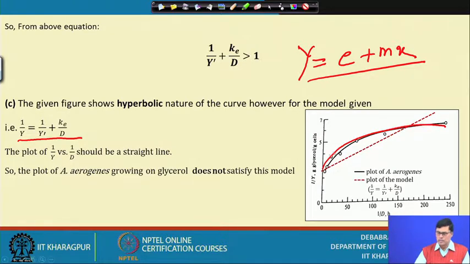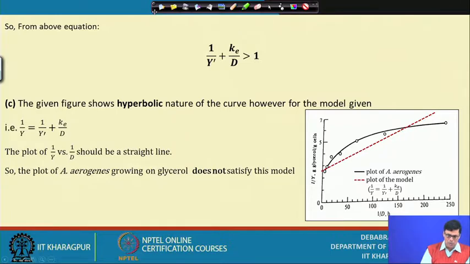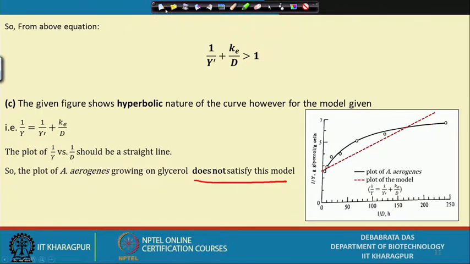Instead, this is a hyperbolic type of relationship. So what I want to comment here is that this relationship does not satisfy this model, because the curve shown here does not satisfy this model. That should be the answer.